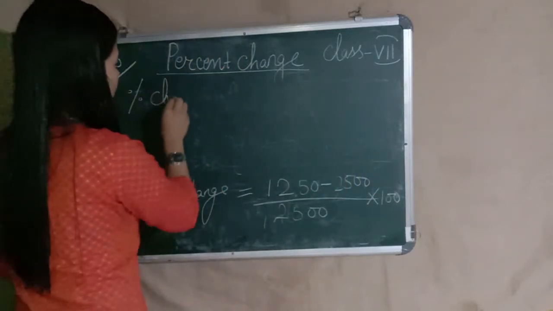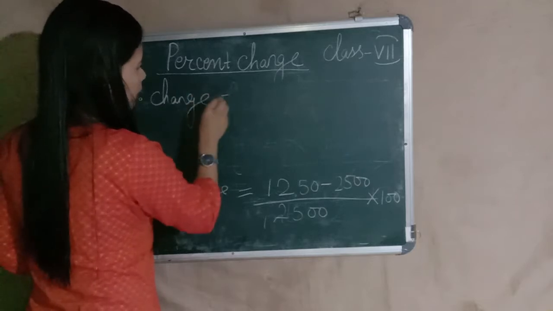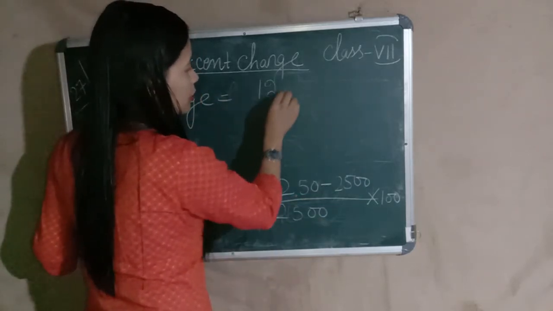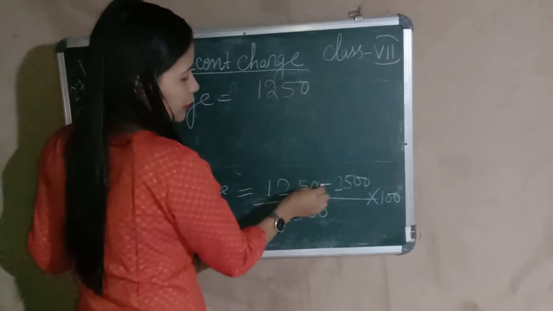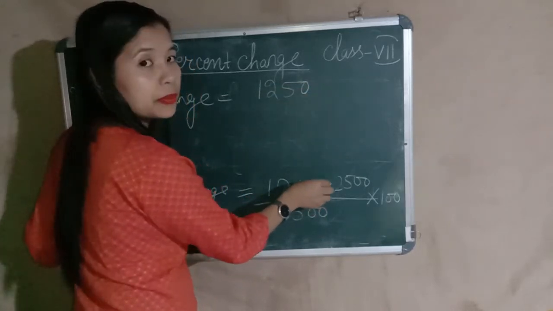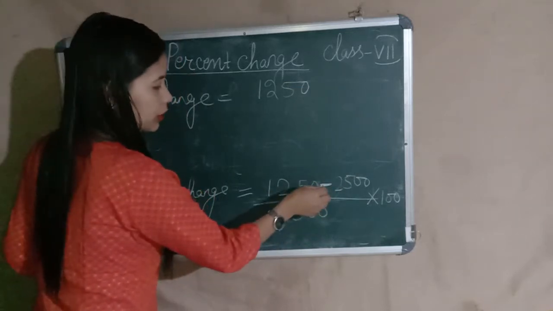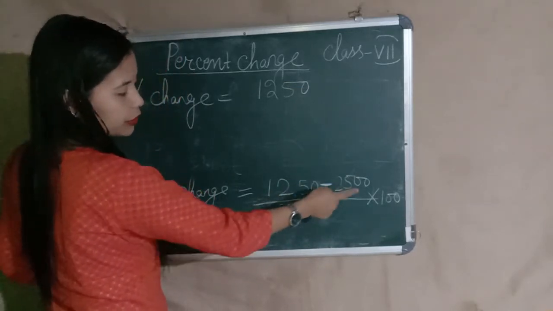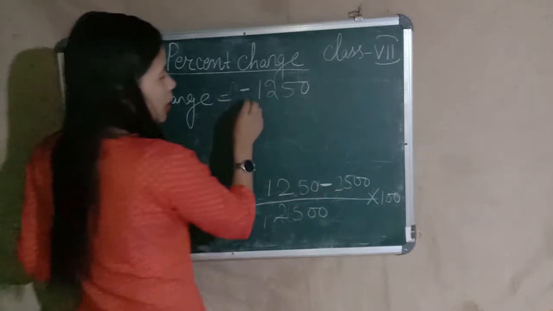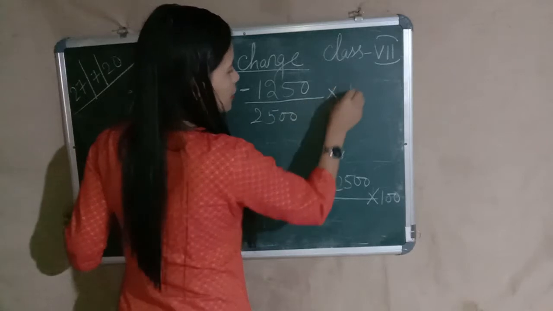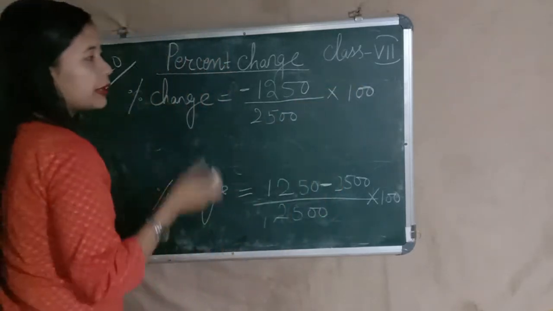Percent change will be equal to 1250 minus 2500, which is 1250, but we put the sign of the greater number, that is the integer subtraction rule. 2500 is bigger, so we put minus, by 2500 into 100. Children, here is a catch.